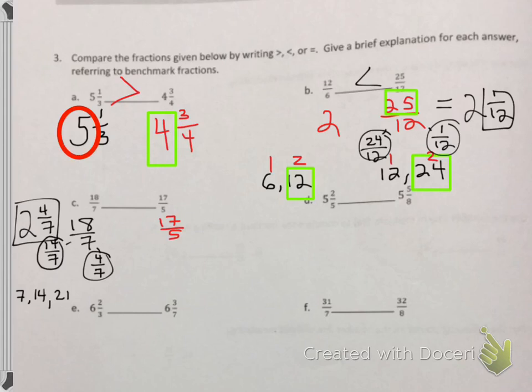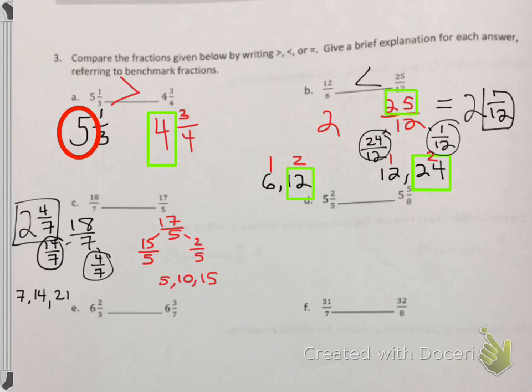And then this one over here, I know that I can skip count by 5, 10, and 15. That's as close as I'm going to get to here, 15 to 17. So I'm going to take out 15 fifths, which is 3 whole, and I have 2 fifths left over.